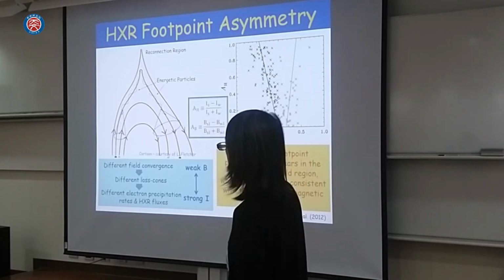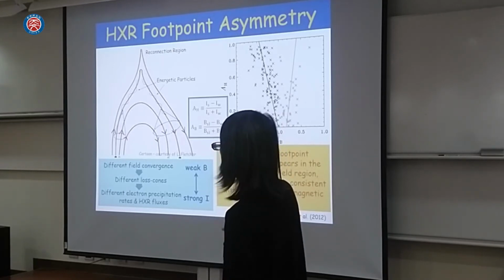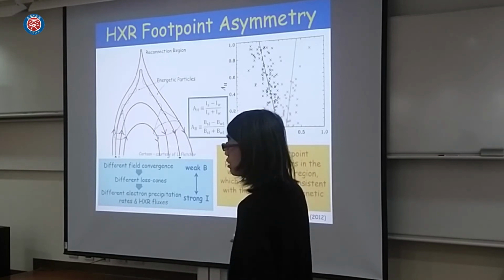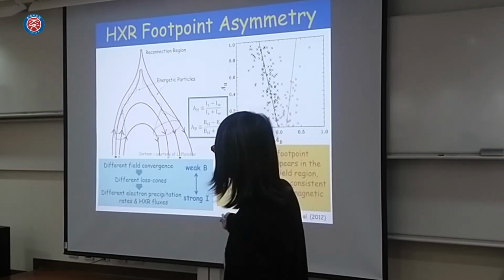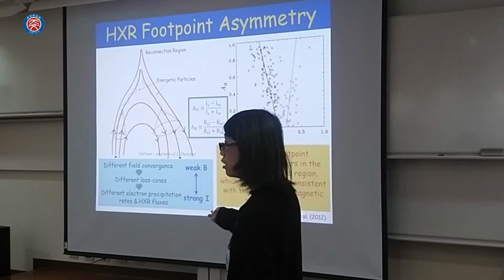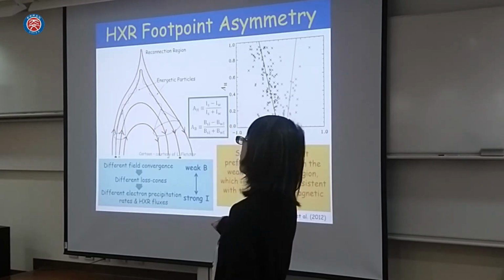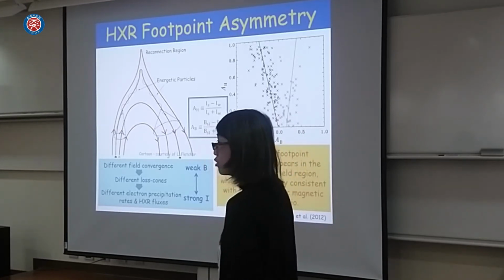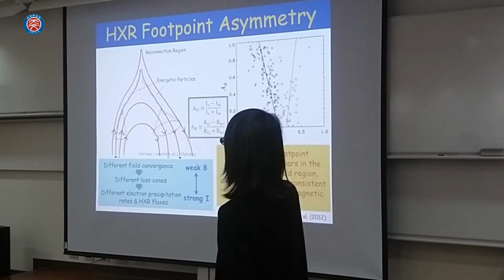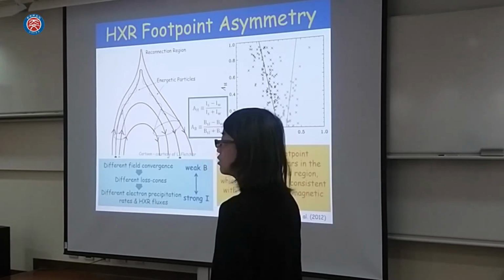This one has a weaker magnetic field, so you can see the loss cone has a larger angle. So more particles can go into the loss cone and precipitate into the lower atmosphere to produce a strong emission. So this scenario can be used to explain our results.